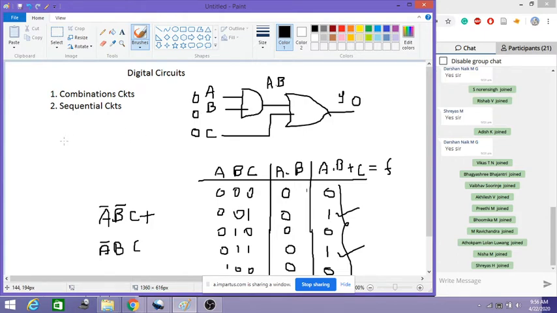So probably you get only half of the thing right now. Now what is a sequential circuit? Sequential circuits are those whose output depends on the input as well as the previous output. It means it takes the previous experience and the current input and computes the output. Now let me correlate this with our example.